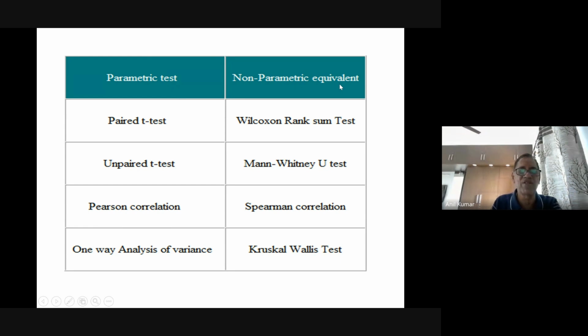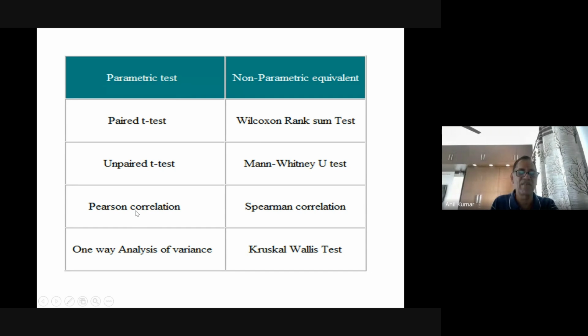Instead of the paired t-test, we can think of the Wilcoxon rank sum test. Likewise, instead of the unpaired t-test, we can think of the Mann-Whitney U test.